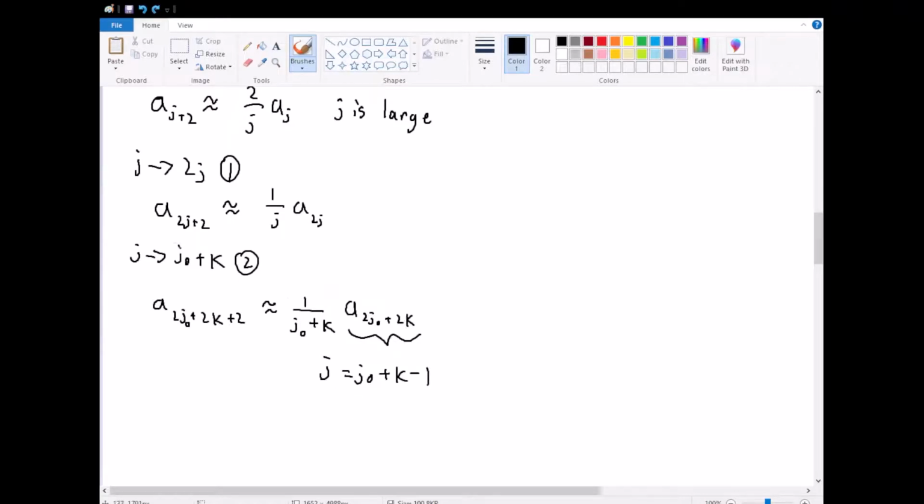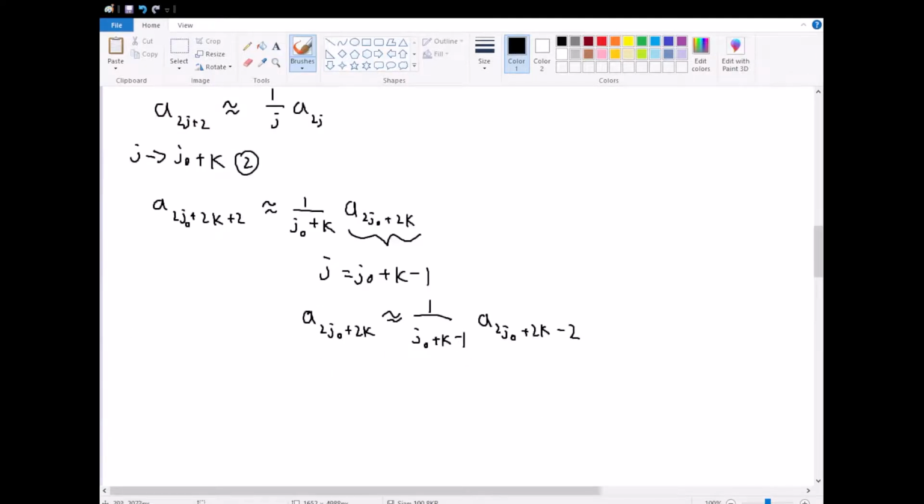If we do that, a of 2j plus 2 becomes a of 2j naught plus 2k minus 2, and that cancels out with the plus 2, and this behaves something like 1 over j naught plus k minus 1, multiplied by a of 2j naught plus 2k minus 2. From here, this can be iterated again, defining j equals j naught plus k minus 2, and so on and so on. We can keep on doing this forever.